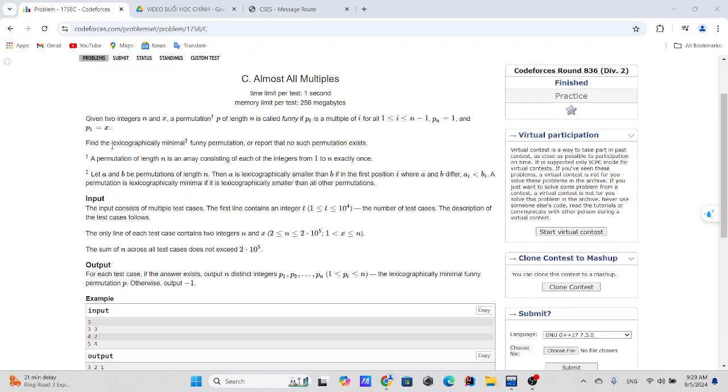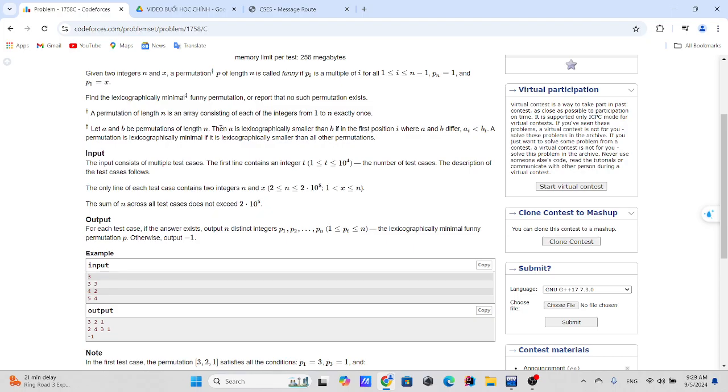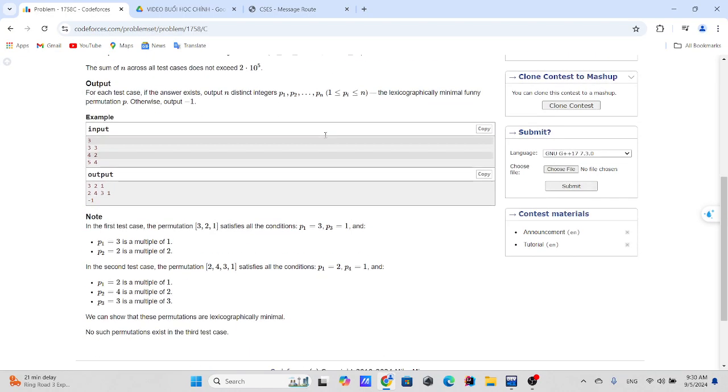Okay, I understand permutation. Let A and B be permutations of length n. Then A is lexicographically smaller than B in the first position. Okay, so what do you mean, to be honest? Satisfies all the conditions.